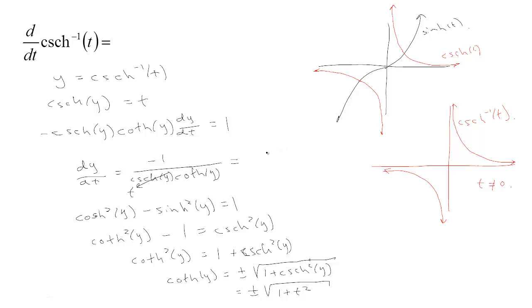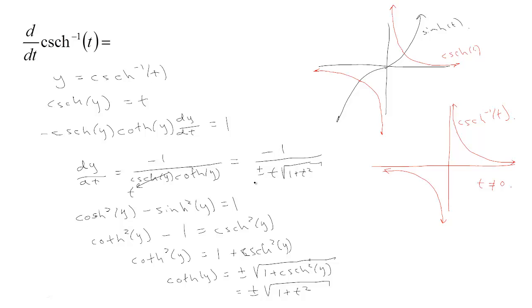So we have this negative 1 up top, and then we've got this t from the cosecant of y, and we've got the plus or minus here and the square root of 1 plus t squared from the cotangent.